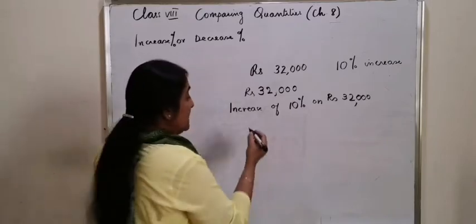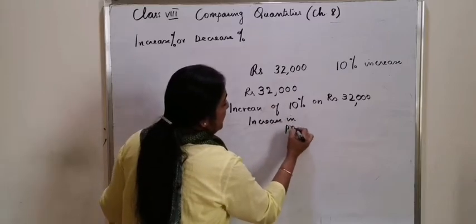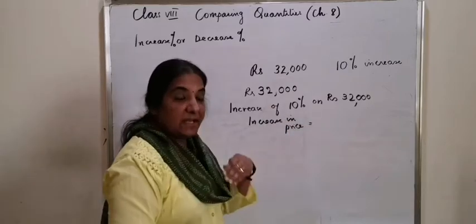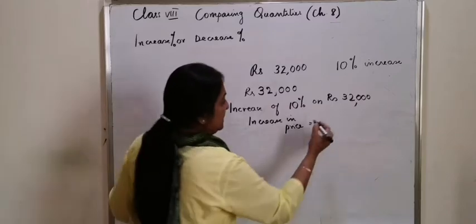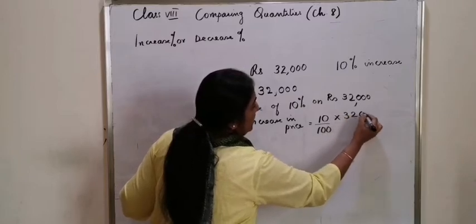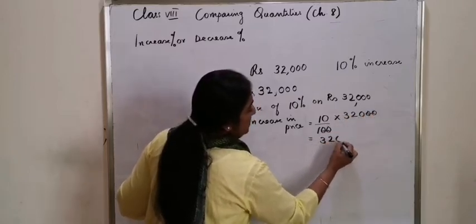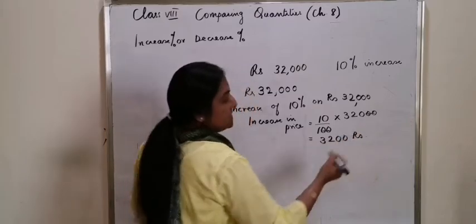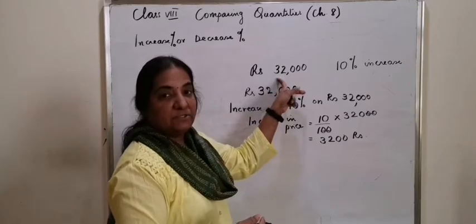So what is the increase in price? That means how much is the amount which is increased over 32,000? It is 10 by 100 of 32,000. That means 3,200 rupees is increased by the company on this particular scooter.